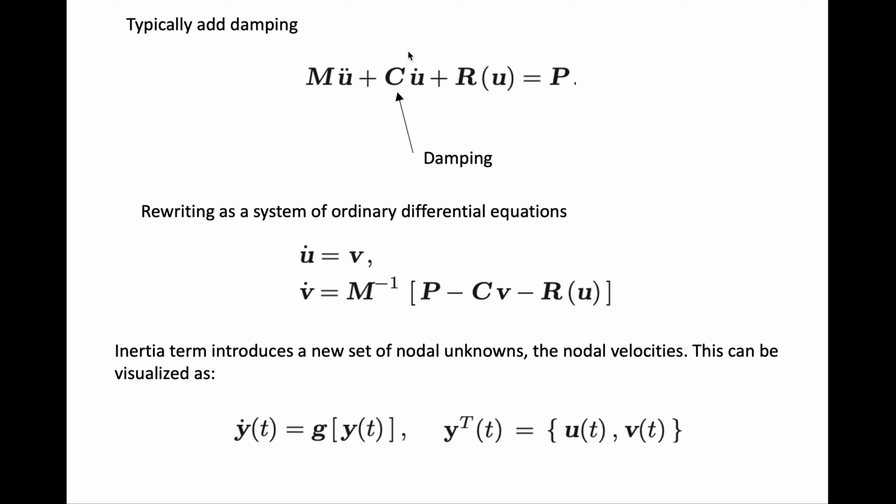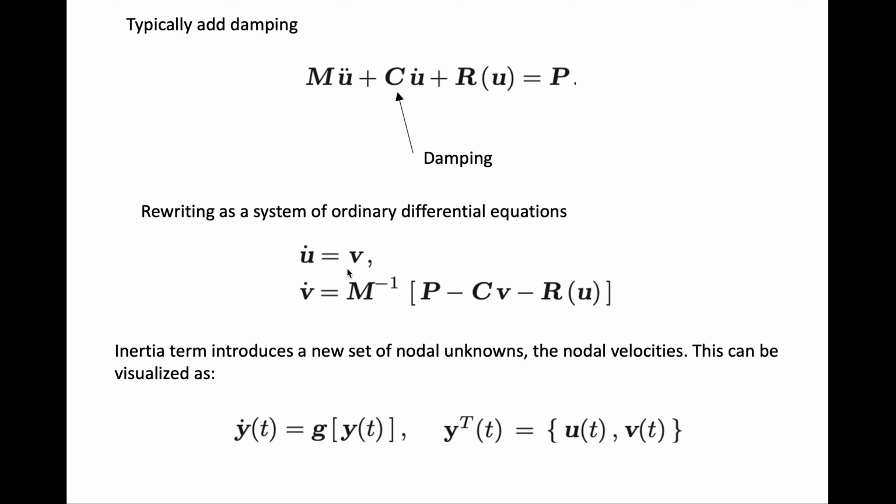And so you have to solve this now. And as I said, now the unknowns are not just the displacement, but now you have this thing that changes in time because you have displacements, velocities, and accelerations. So you can see this as a system of ordinary differential equations where you have u dot equals v and, rearranging this a little bit, v dot equals some function of v and u.